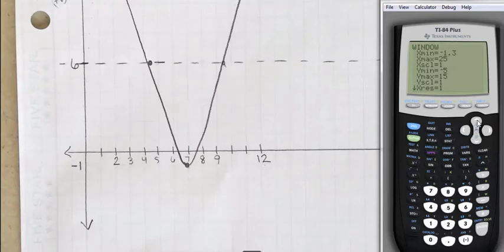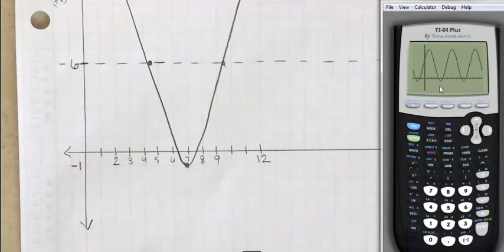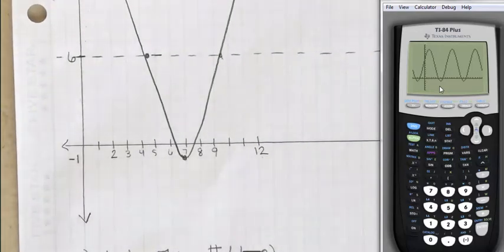And x min will be -5. All right, that looks pretty close to what I've got. All right, so that checks out.